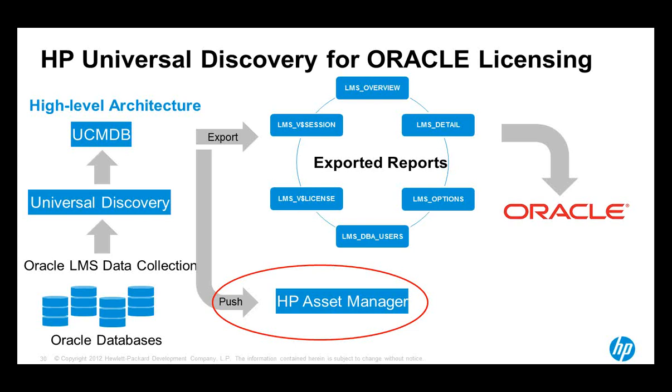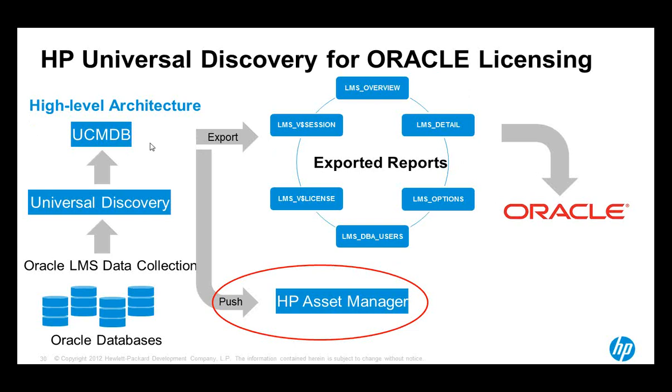And these queries will retrieve information such as what is the edition, what is the version of the server, what are the deployed options, how many active accounts are on the server. So UD will collect all this information and will store it in the UCMDB database, which is the CMDB of HP. UCMDB will store the data and will be able to export to Oracle all the files that are the Oracle verified, LMS verified files in case of audits.